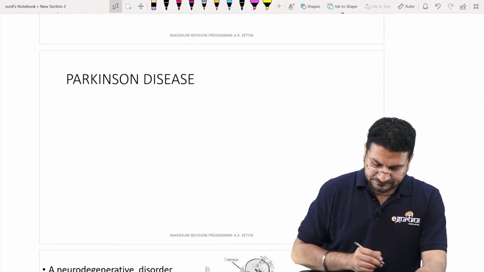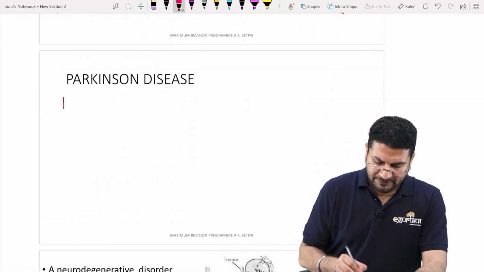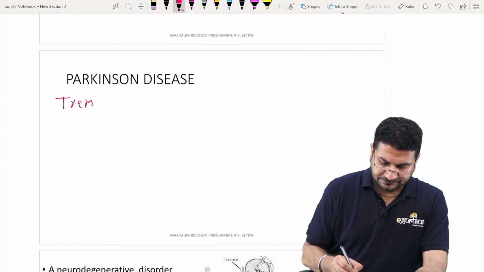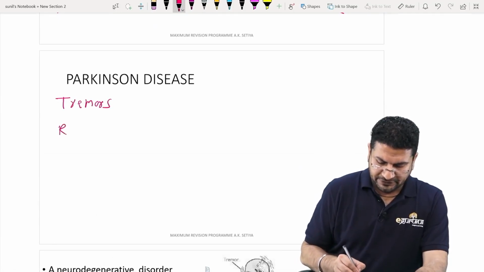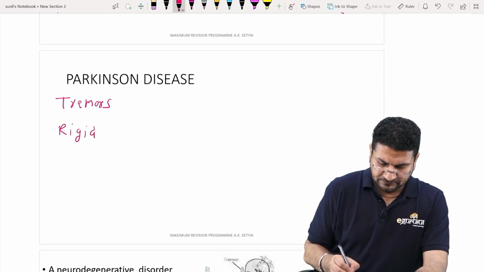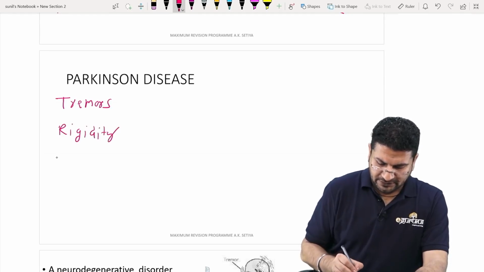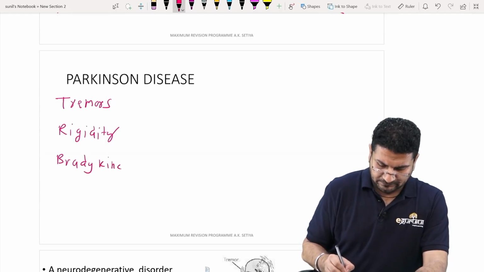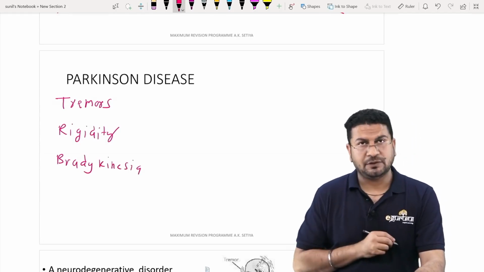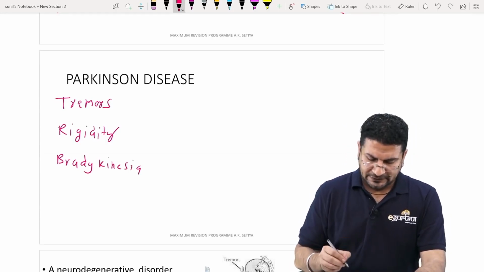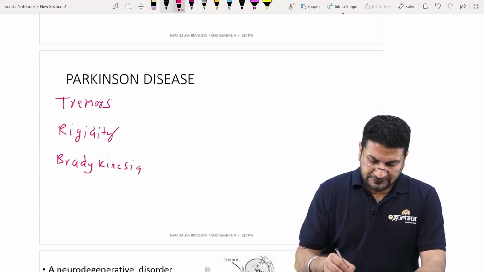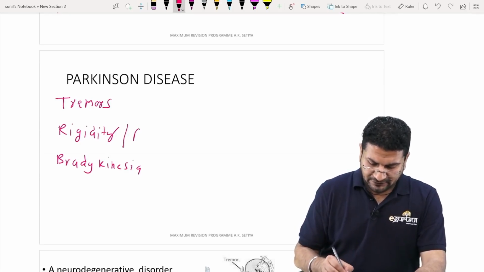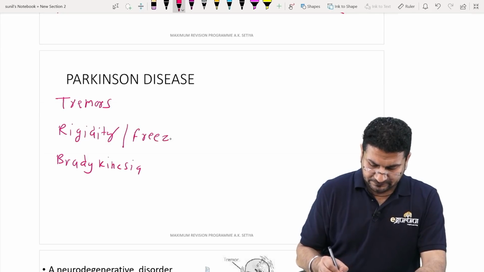Parkinson disease. So you will see the patient will develop tremors. There will be rigidity. There will be bradykinesia or hypokinesia. Because of this rigid posture, sometimes they will not give the word rigidity, they can use the word freezing.